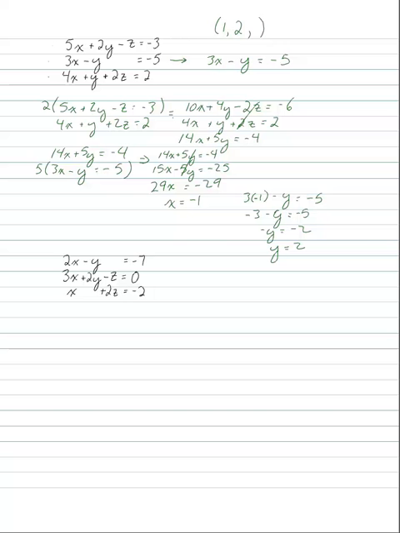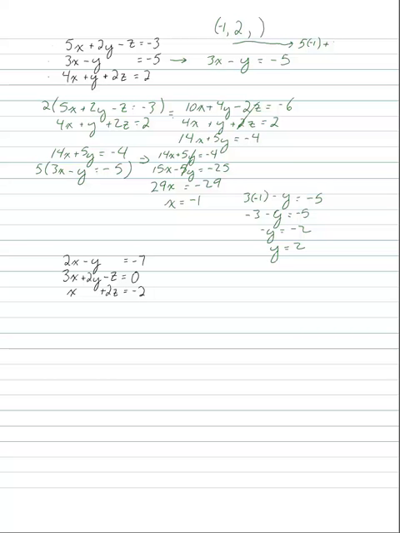And sub it into any of my original 3 to find my third variable. So to find my z, I'm just going to sub it into the top one. So 5 times negative 1. Why do I keep subbing in a positive 1? Oh, because I didn't write it right. There you go, I feel better. X was negative 1.